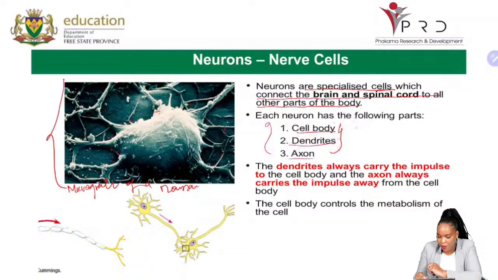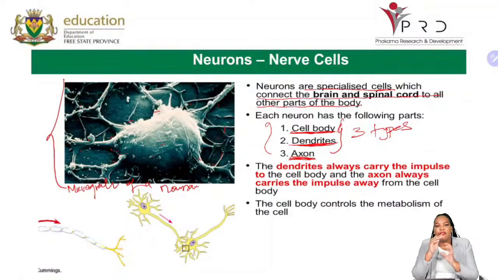There are 3 types of neurons that we are going to talk about, which is the motor neuron, the sensory neuron, and the interneuron. But in all of them, you must check where all these parts are, because this is the basic structure of any neuron. So a neuron must have a cell body, it must have dendrites, it must have an axon. Then they will differ in position based on the type of neuron you are talking about.